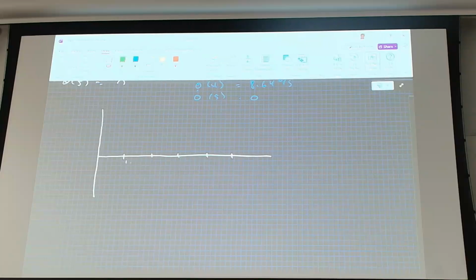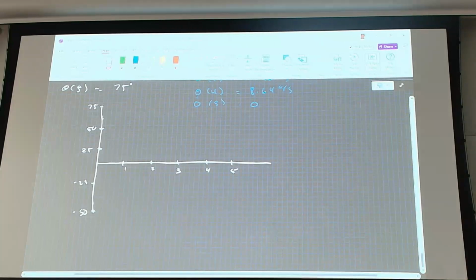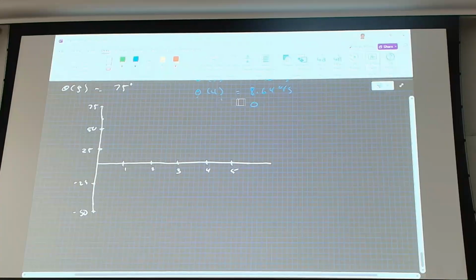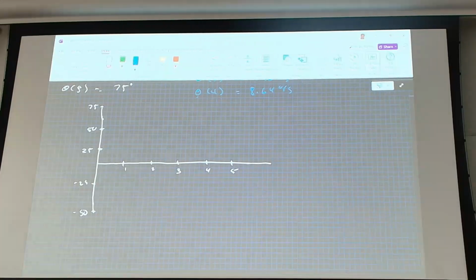And let's make this 25, 50, minus 25, and go up to 70. I'm going to move him over here. Theta dot at 5.